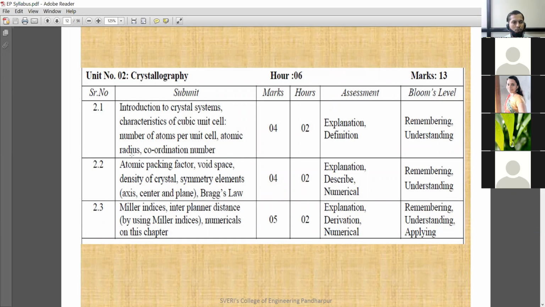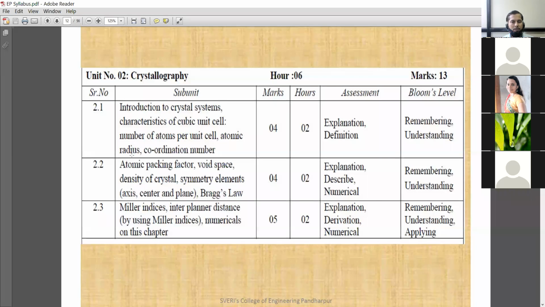Next is 2.2. In that, atomic packing factor, comma, void space, V-O-I-D, void space, atomic packing factor, that is APF.